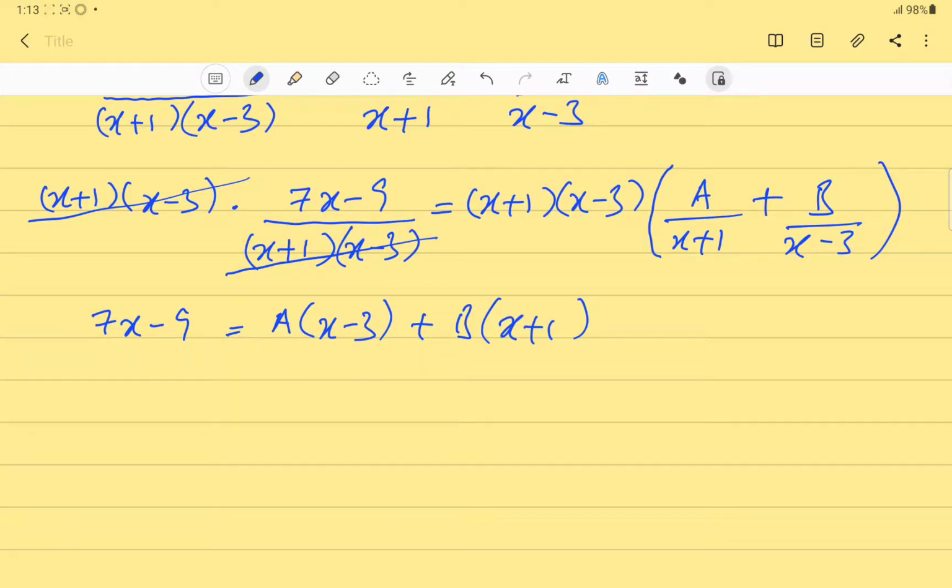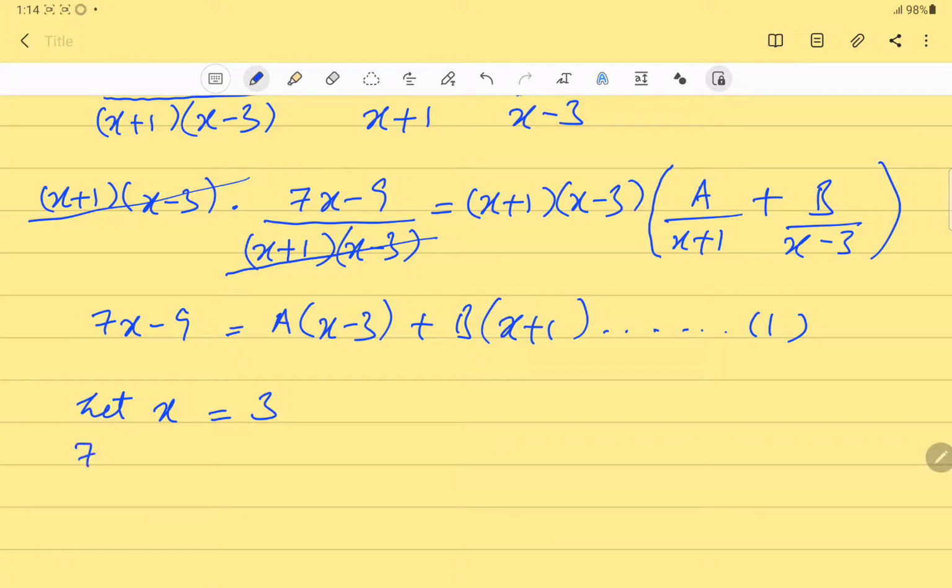Now we will try to find out the values of a and b by assuming certain values of x. The first one we will do is that we assume x is equal to 3. Let us call this equation 1. Then we put x equal to 3 in equation 1.